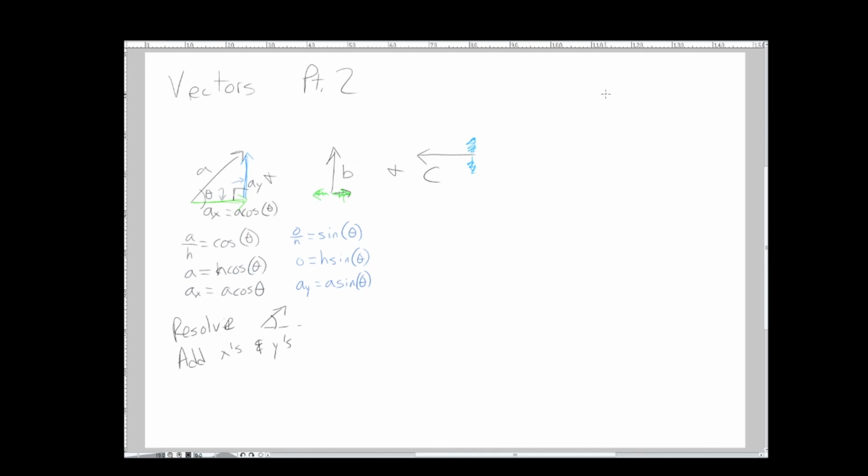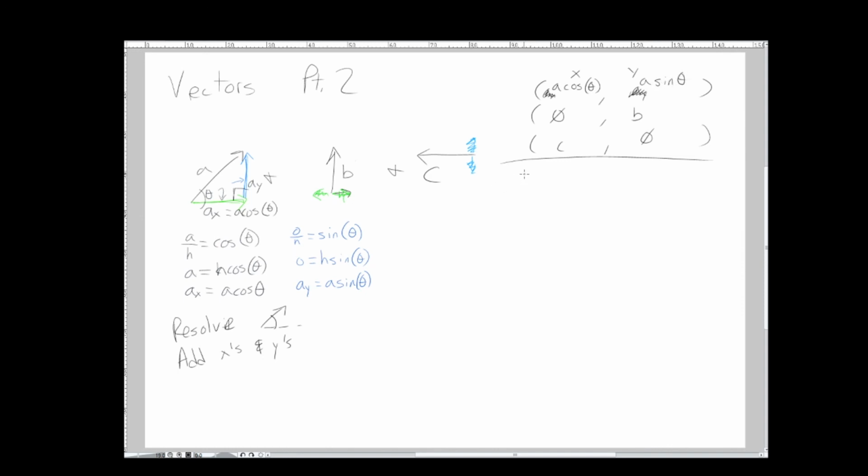So if we add all these components together, it would look something like this. A sub x, A sub y, then B only exists in the y, C only exists in the x, and we can substitute this in for A cosine theta, and we can substitute over here A sine theta.